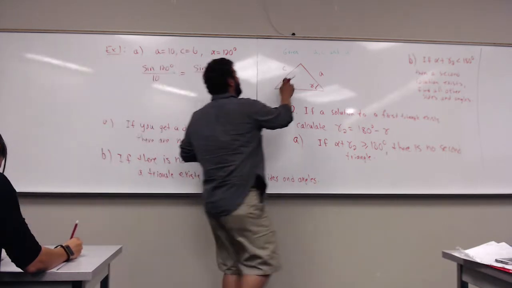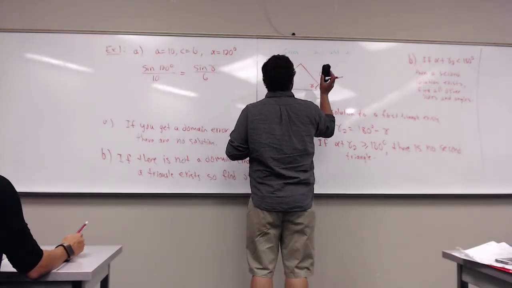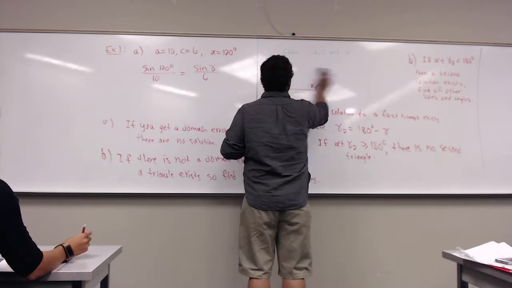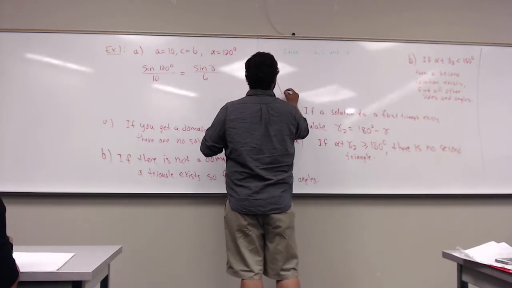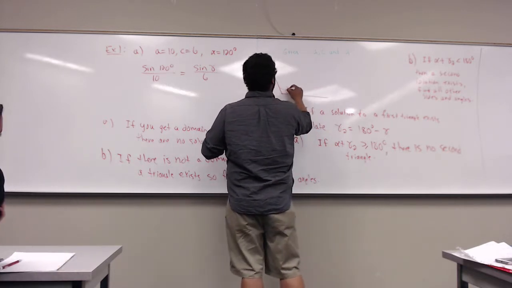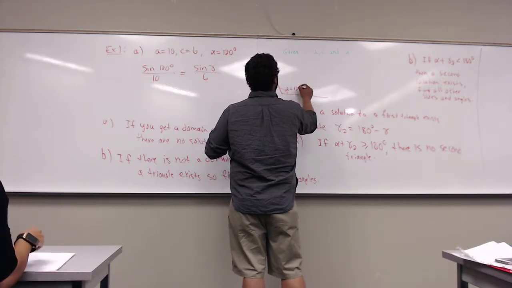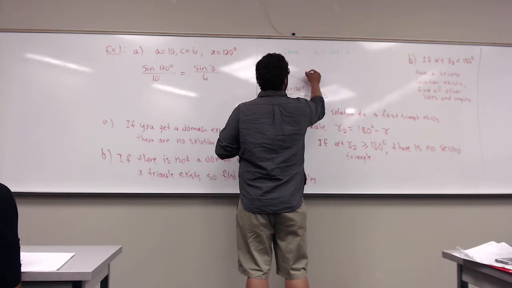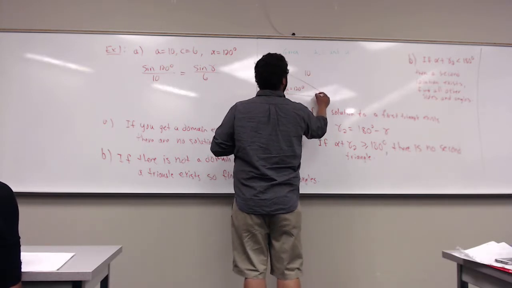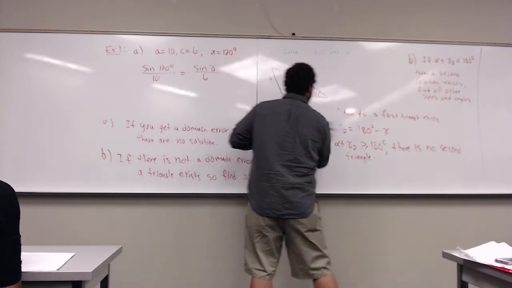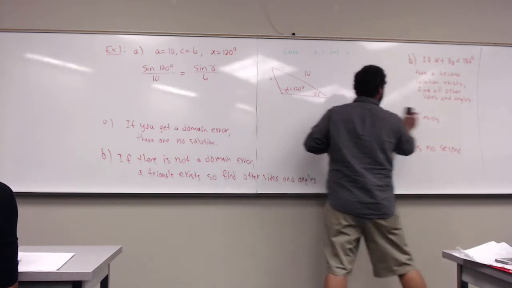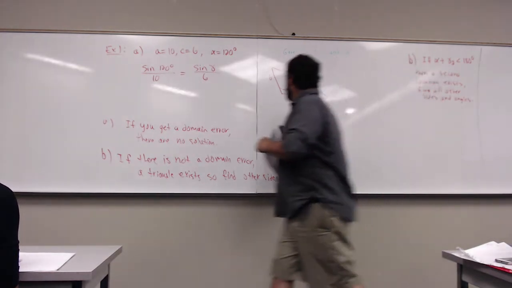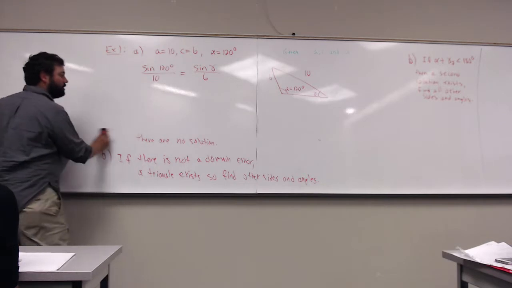If you like, I can draw this in the picture. I'd have to draw a different picture here because alpha is obtuse. And then A is going to be 10, C is going to be 6, and here's gamma. So if we have a triangle, that's what it's going to look like.